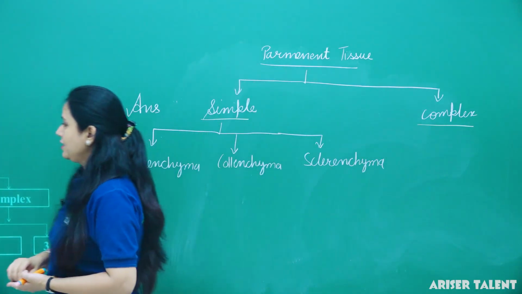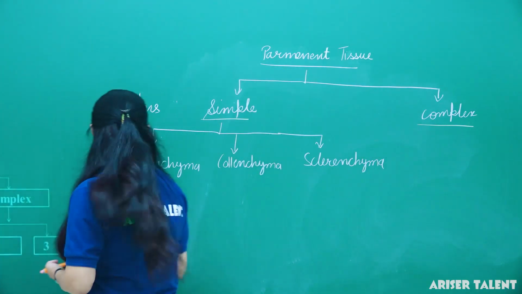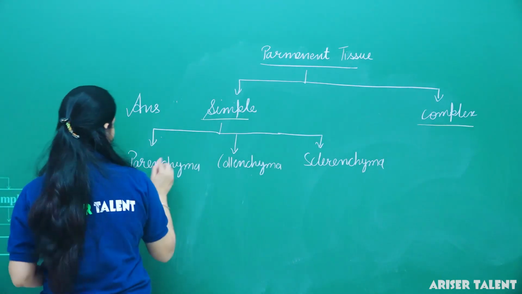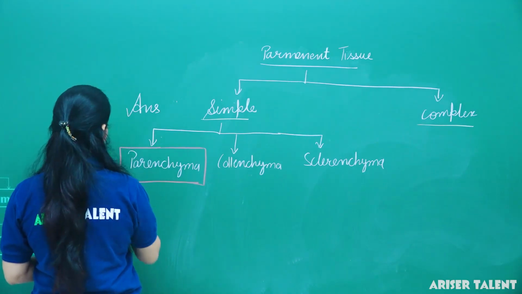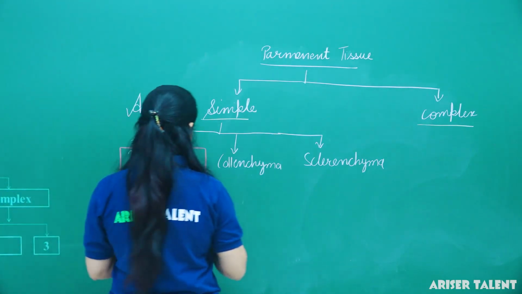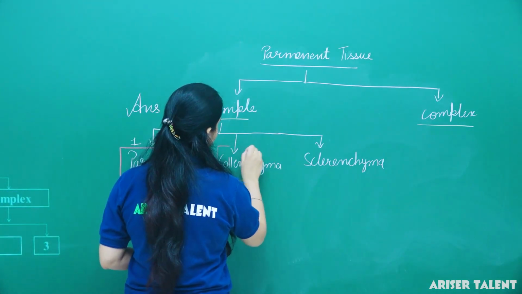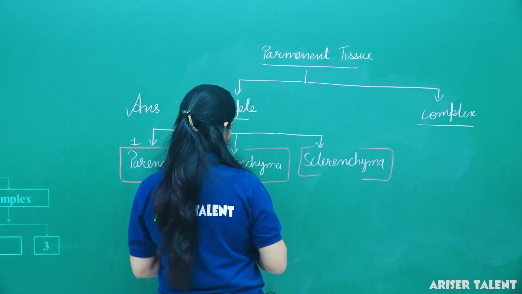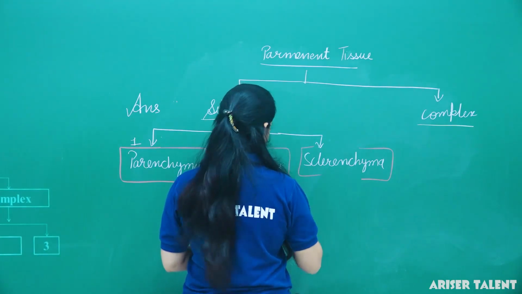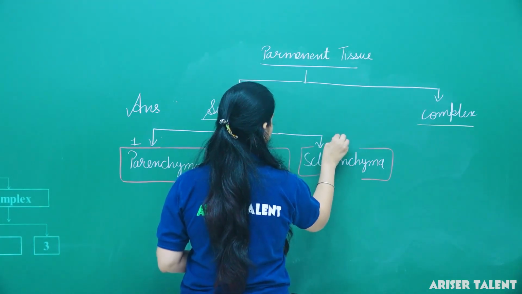So the answer here is parenchyma. Number one is parenchyma. Collenchyma is already given, and the second one is sclerenchyma. So here we have mentioned sclerenchyma.